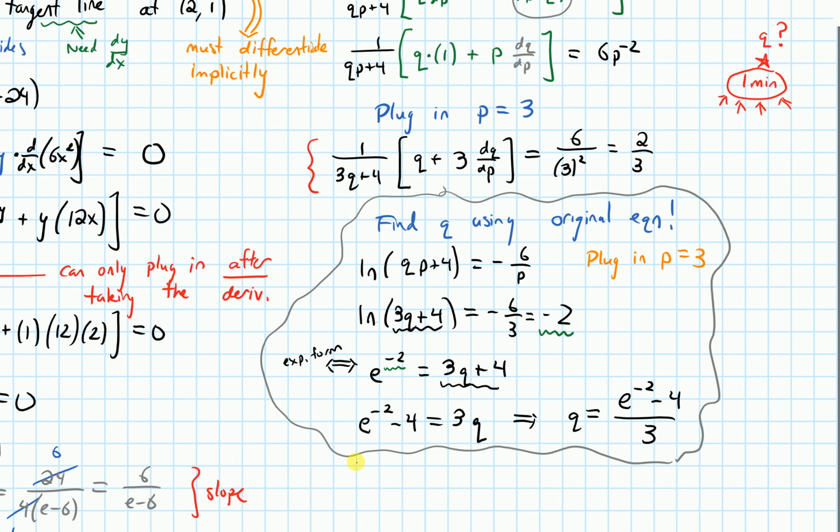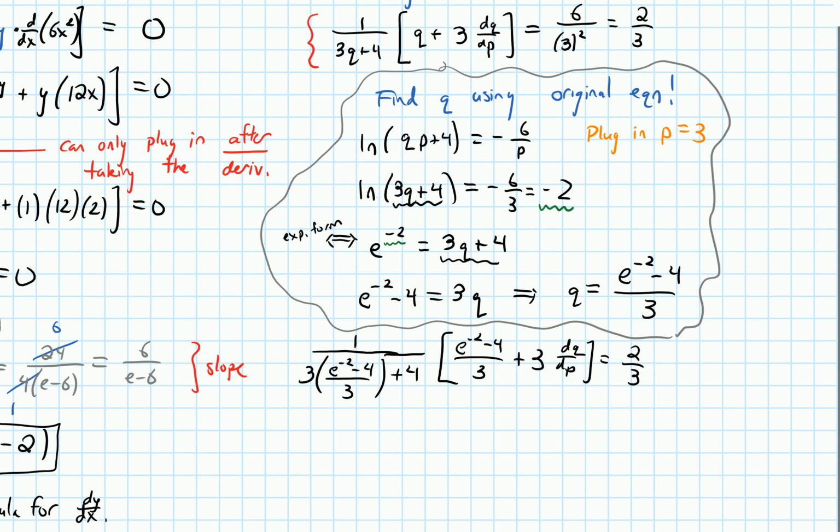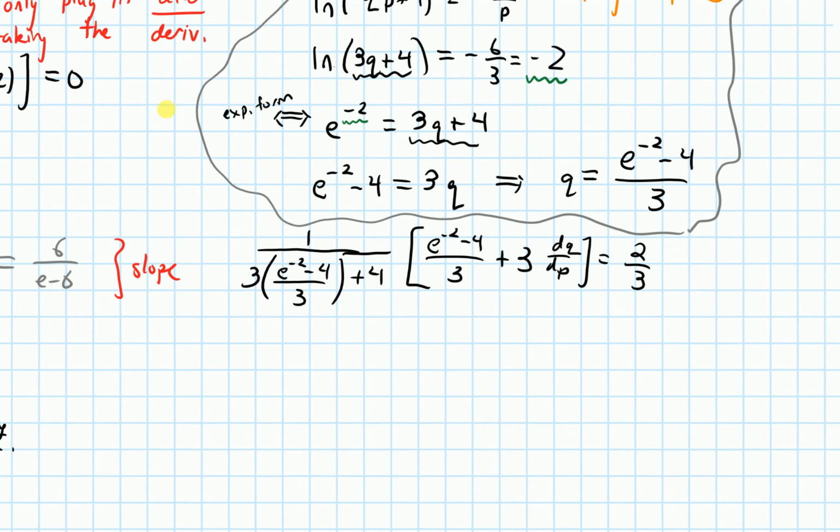So doing that, we get 1 over 3 times q, and q is e to the negative 2 minus 4 over 3, plus 4, and then bracket another q, so e to the negative 2 minus 4 over 3, plus 3 times dq/dp equals the 2/3 that we have on the other side. All right, so let me zoom into this so we can work with it.